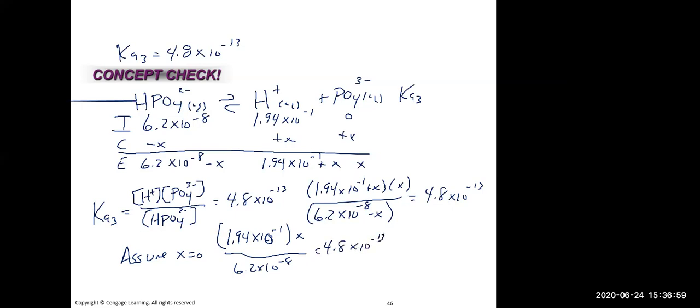We're going to multiply the 6.2 to the minus 8 to the other side and then divide by our other number, 1.94 to the minus 1. That's going to give us 1.53 to the minus 19 for x.